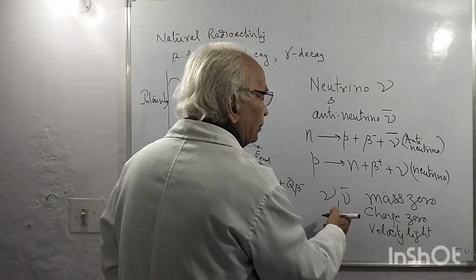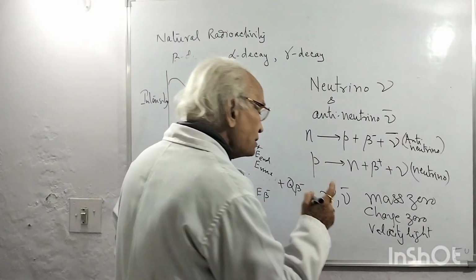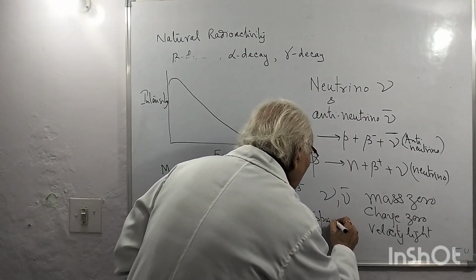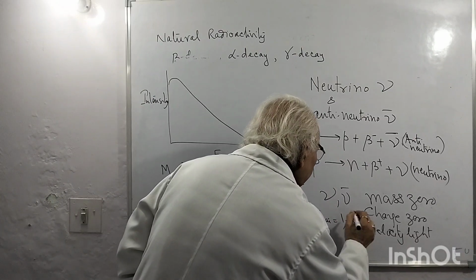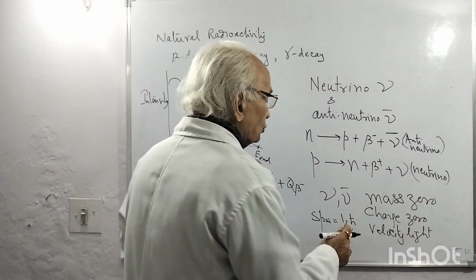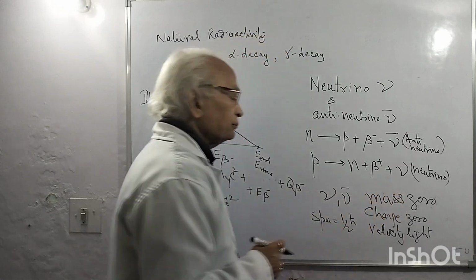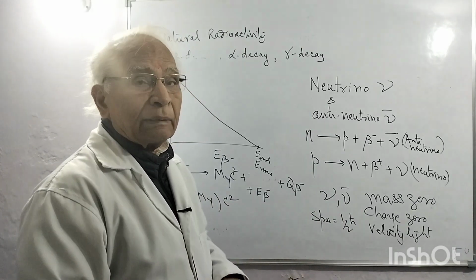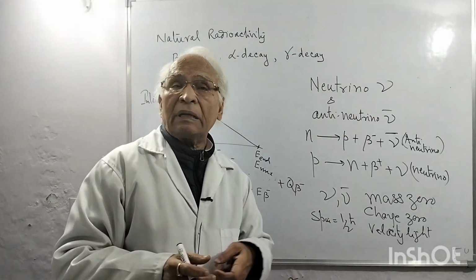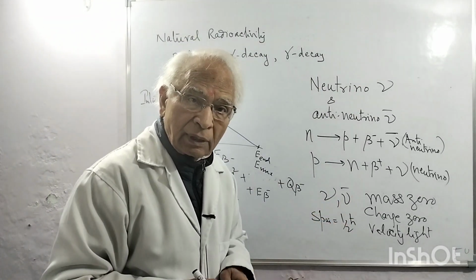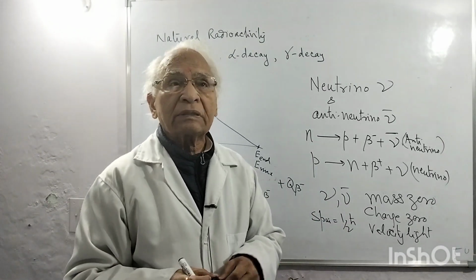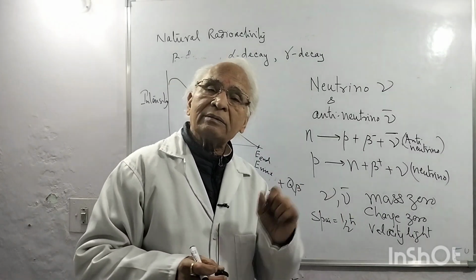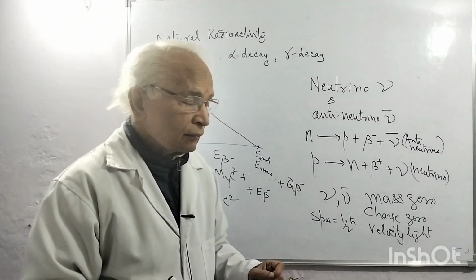And an important property is that it is a fermion, means it has spin, half h cross, just like electron. So it is very similar to electron. So it is a typical particle. Remember that this was discovered after several years of its theoretical postulation, and the group who discovered this got the Nobel Prize for the discovery of neutrino.